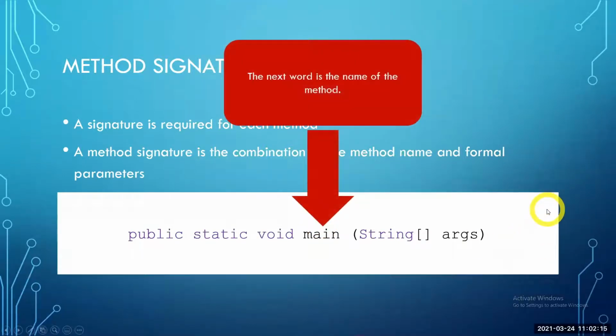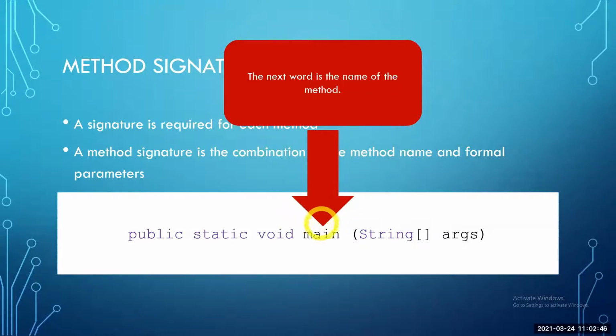This is the visibility modifier right here, public, private, or protected. Static is a keyword necessary for the main method. Void is the return type. And main is the next word that we're going to talk about, which is the name of our method. The main method is named main. Obviously, that's what we use.